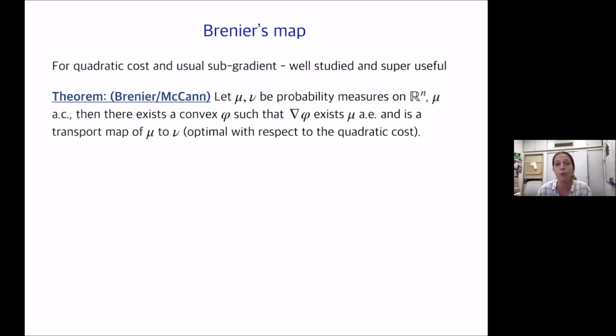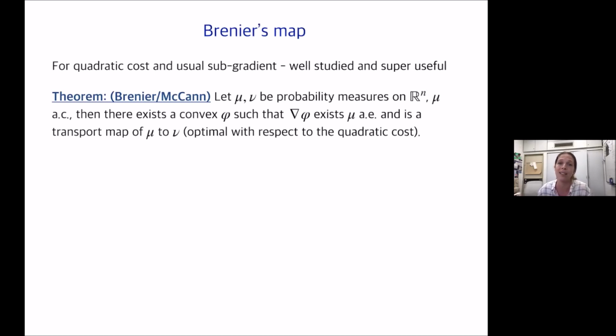The theorem of Brenier and McCann is that whenever you have two probability measures on R^n, under very general conditions, let's assume that mu is absolutely continuous, although you can also relax this a little bit, you can always find a convex function phi. Phi convex is exactly the C-class associated with the quadratic cost, such that the gradient of phi, and I didn't even write subgradient but the usual gradient, because it exists mu almost everywhere for a convex function.